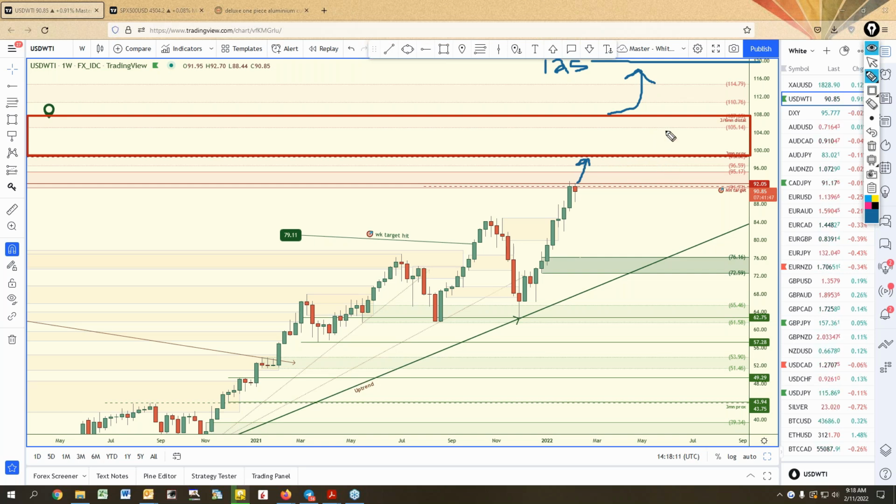Knowing that there's a very, very high probability that price will never make it above 108. Extremely high probability. Like, this is one of those times where when you look at the charts, I remember one time just looking at charts and I'm like, what is the highest probability?